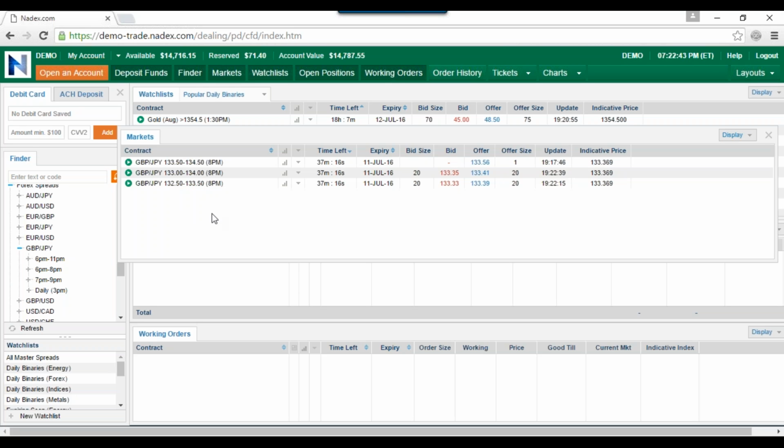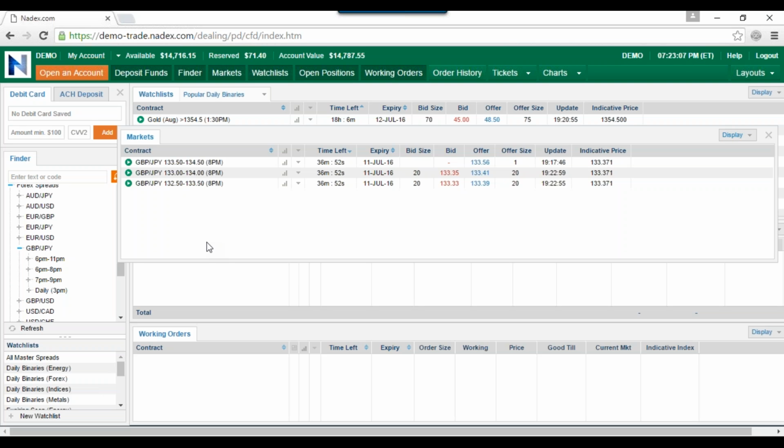Okay, how do I know that? Well, here's what happens. These spreads are going to open up at 6 p.m. A couple minutes before, wherever the current price is, that is what the new spreads are based upon. They're not just randomly based on some number that Nadex picks or some market maker picks or whoever.